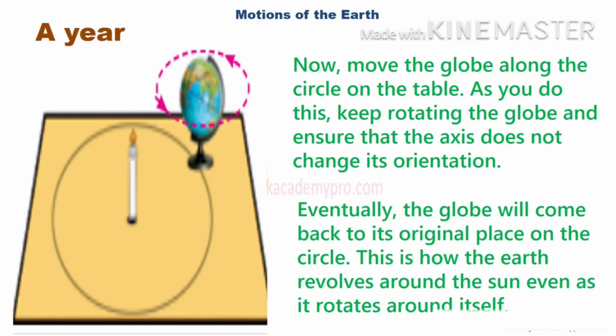When you are moving the globe, you go through the circle and come to the point where you started. So this is one revolution completed by the earth. You know the difference between rotation and revolution, because in the previous chapter I explained that rotation means the earth rotates around itself and revolution means the earth is revolving around the sun.